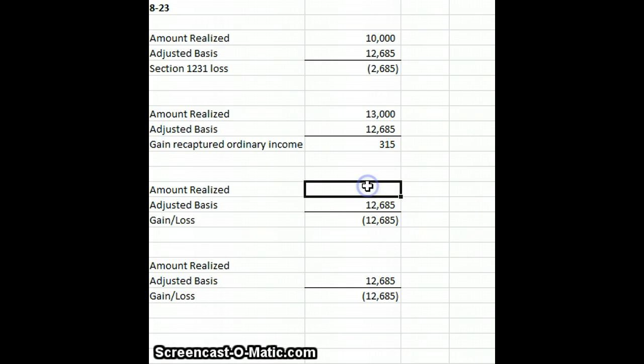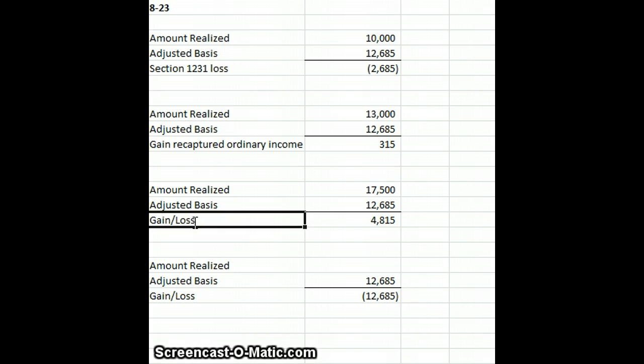In case C, we had a realized amount of $17,500. That gives us a gain of $4,815. And again, this gain is going to be recaptured ordinary income.